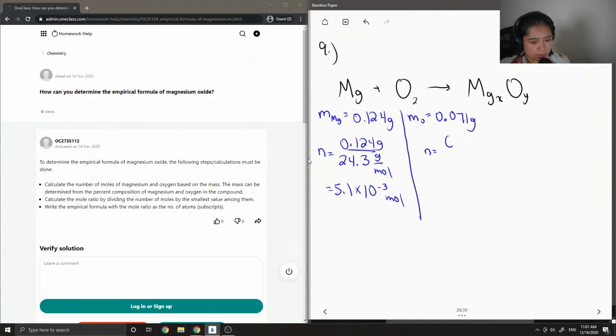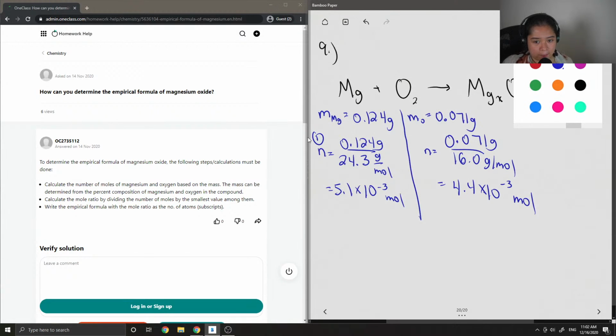And for oxygen, it is 0.071 grams divided by its molar mass, which is 16 grams per mole. So its number of moles is 4.4 times 10 to the negative 3. So this was step 1, finding the number of moles.